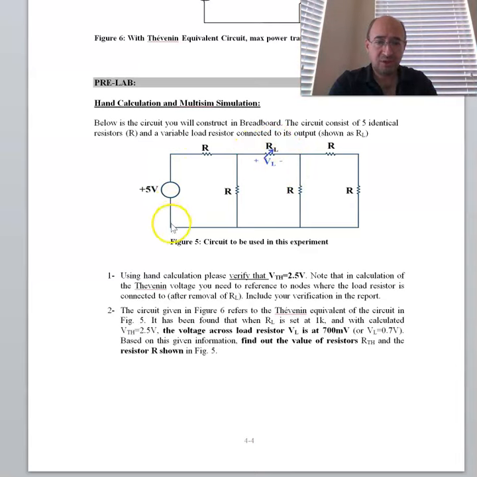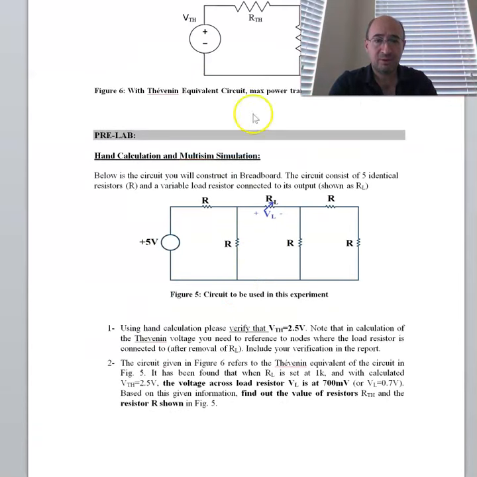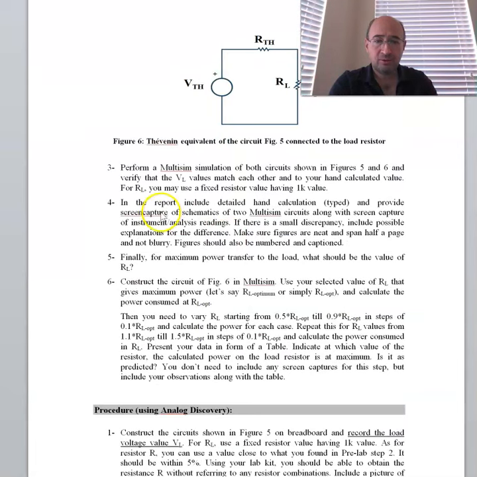Once you turn the source off and it is removed, looking through these two terminals, you should be able to figure the value of RTH in terms of R by using a simple formulation. Then, since you got RTH from the previous step, you can easily figure the value of R. So we have the values. Then you can do a Multisim simulation in Prelab 3.